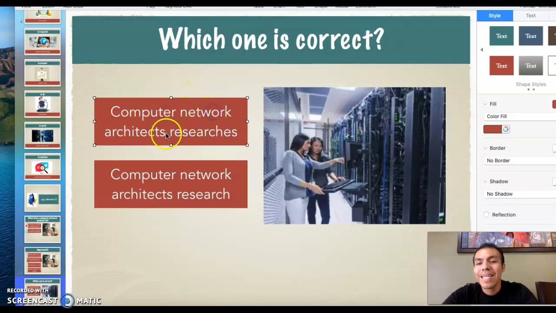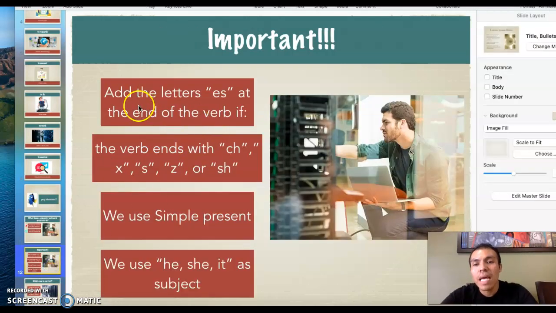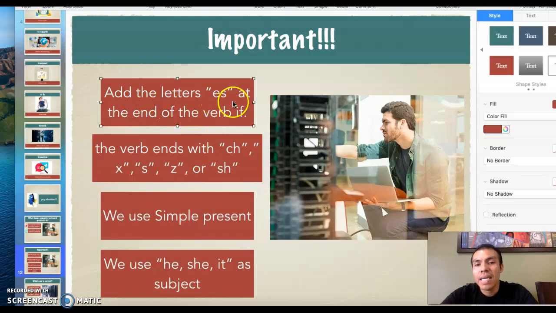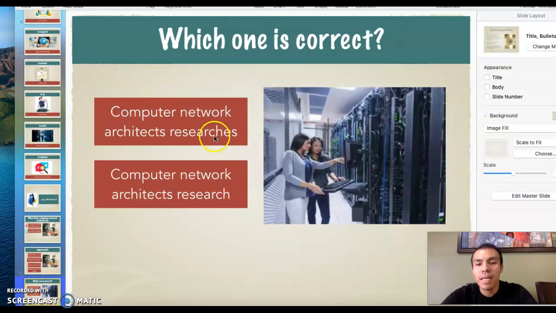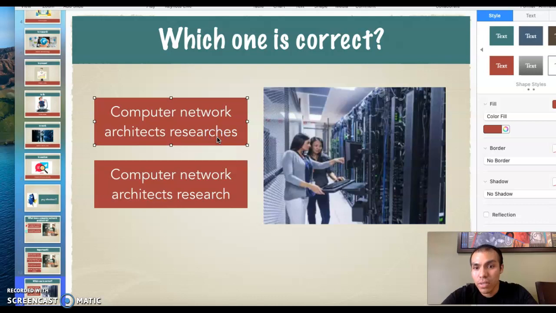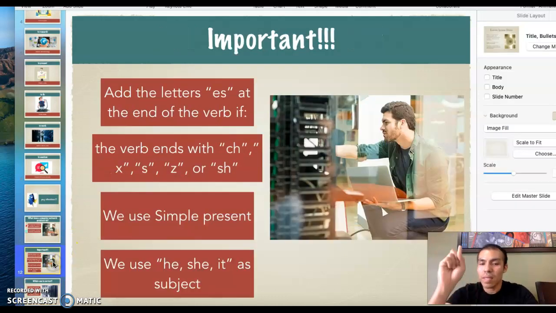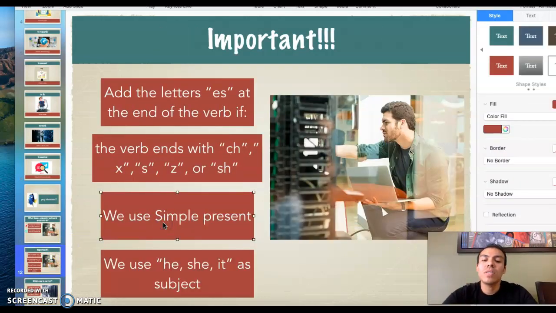Computer network architects researches, or computer network architects research? Okay, let's pay attention again to the rules. Add the letters es at the end of the verb if the verb ends with these letters. Okay, the verb ends with the letters ch, research. Okay, number 1. Number 2, we use simple present.